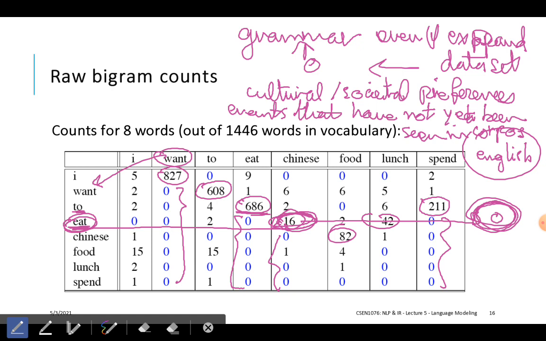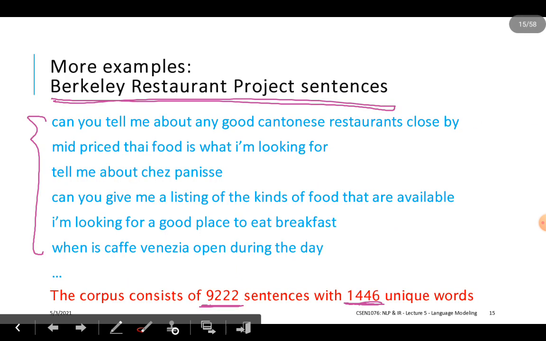So maybe we can say that there is some probability of the word "food" coming after the word "spend", but we have not seen it yet because we are limiting ourselves to a corpus, and maybe if we extend the corpus to more sentences or more reviews, then we might find the 0 to have changed into a value.